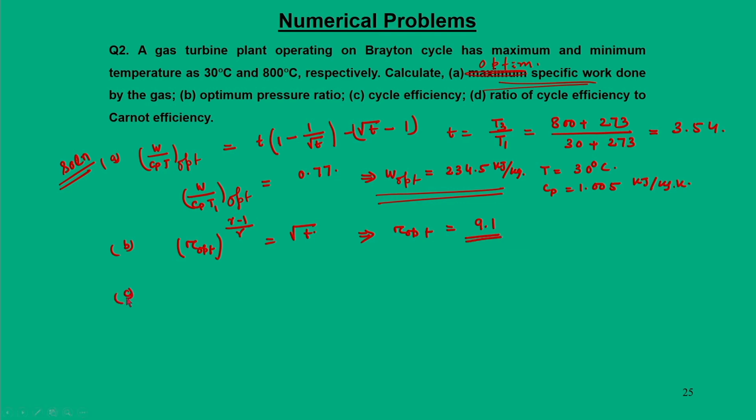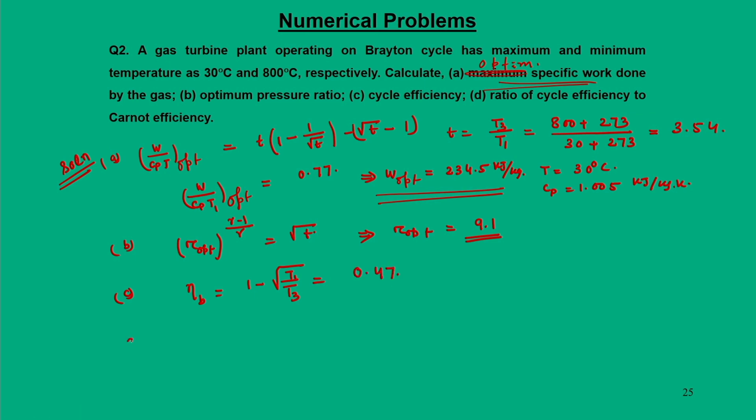Third, for this optimum pressure ratio, what is the cycle efficiency? So, the Brayton cycle efficiency at optimum pressure ratio is 1 minus square root of T1 by T3. T1 and T3 are known, so this number would be 0.47.